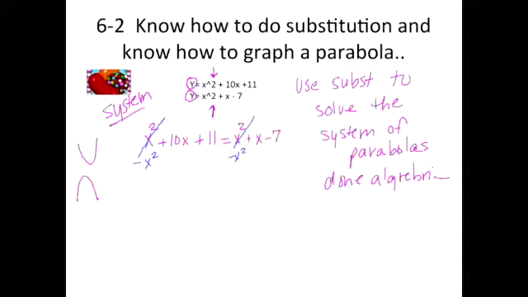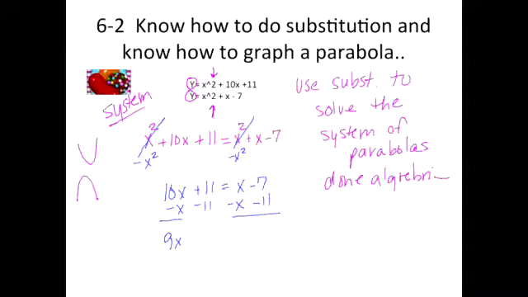So now what we are left with, it looks like it's going to be a little bit easier to solve, is something like this. Okay? And so I'm just going to solve this, subtract x. I know that looks like a 16, but it's a 10. So I'm going to subtract x, and this is going to give me 9x. I'm going to subtract 11.